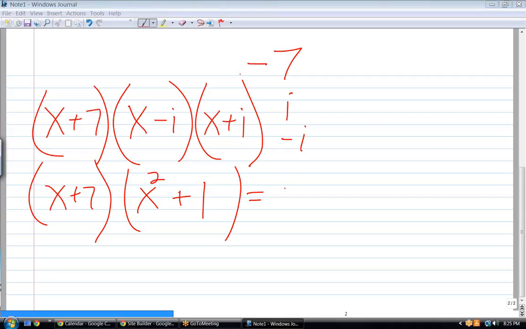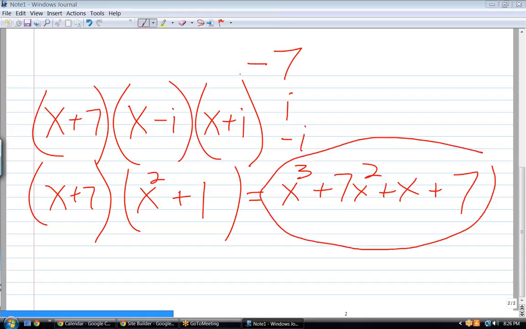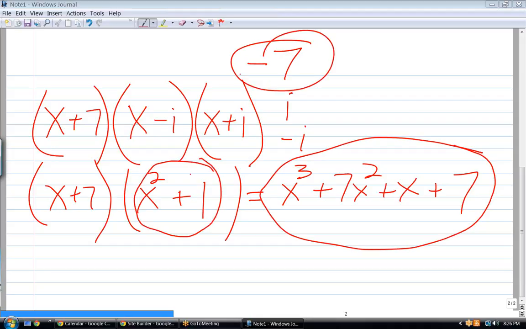Yeah, it's x cubed plus x plus 7x squared plus 7. There it is. If you were to start with that and try to factor it, you'd eventually get the minus 7 solution. Then you would have this quadratic that produces a plus i and a minus i.